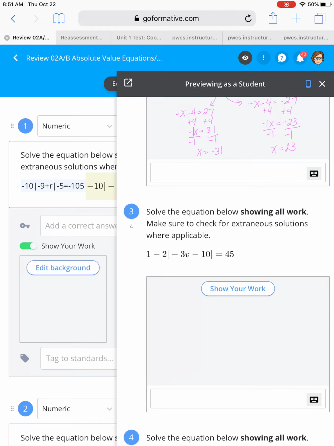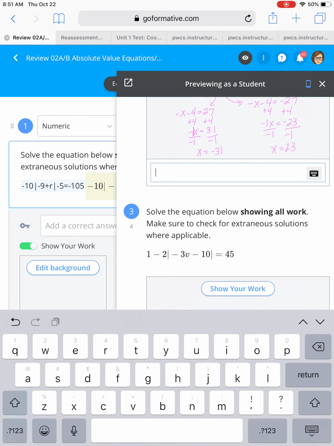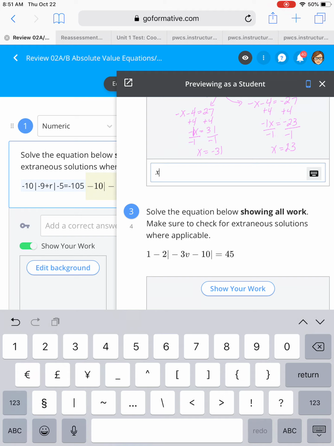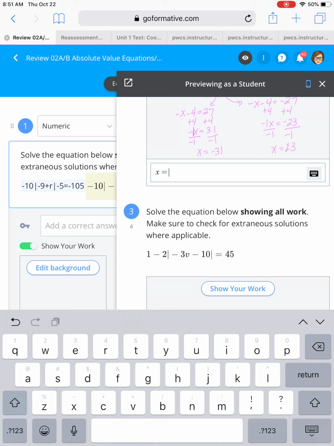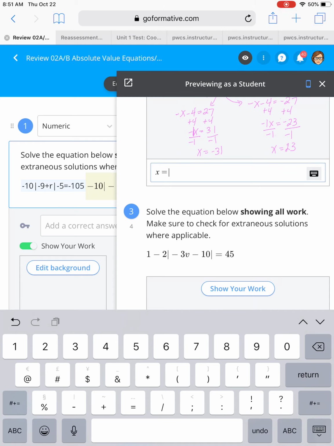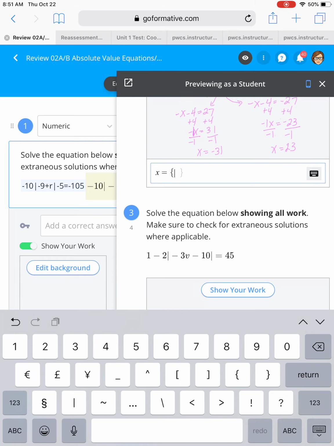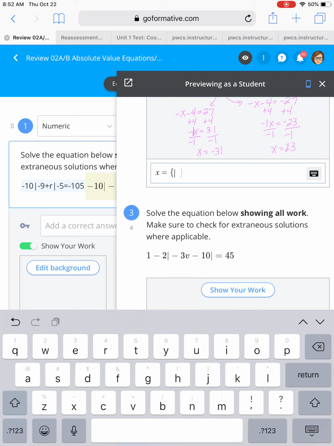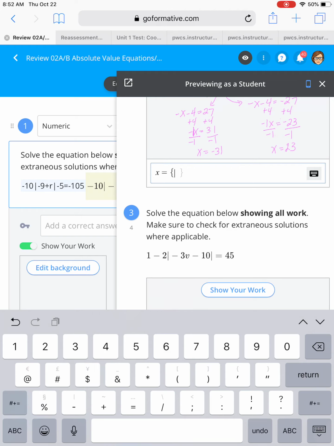And I didn't do this before, but you're going to have to put your solutions in your brackets. So in this case, it's x. You can do x is equal to, if you don't have that, Formative will still accept it. Then we have our fancy brackets, x is equal to, and we always go from least to greatest. It will mark you off if you don't go least to greatest: negative 31, and then 23.